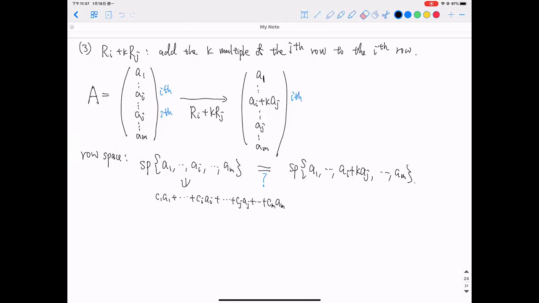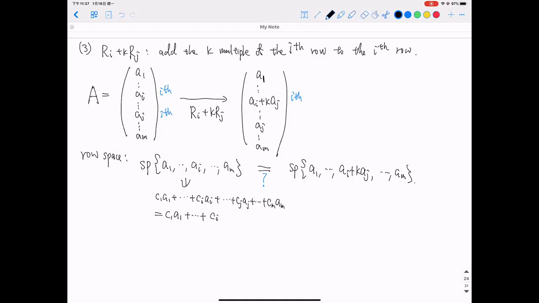And we will try to write it as a linear combination that looks like it belongs to the new row space. For that matter, we can proceed as follows.